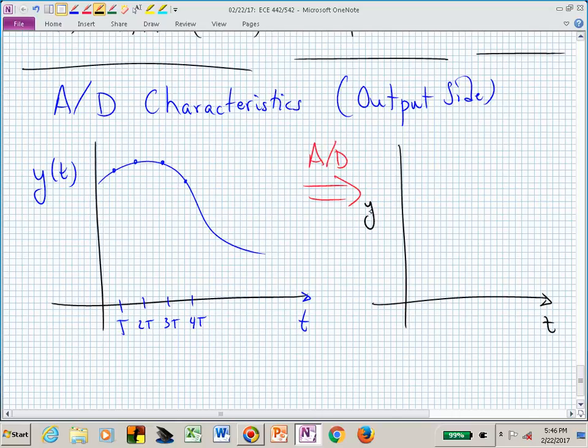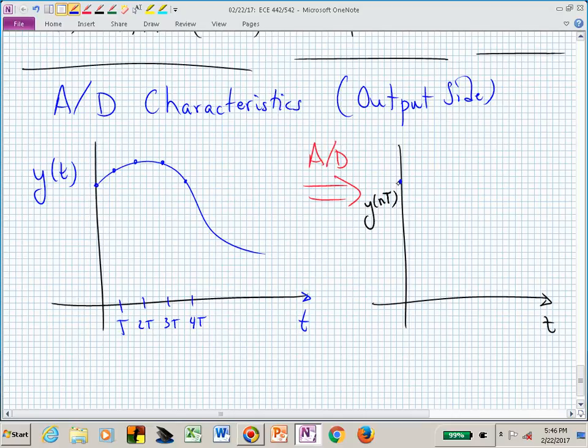Now we want to know what is y of nT. That's now just a sequence of numbers. It's not this continuous waveform. It's simply, oh boy, now I have to try to make this somewhat accurate. So let me start here.